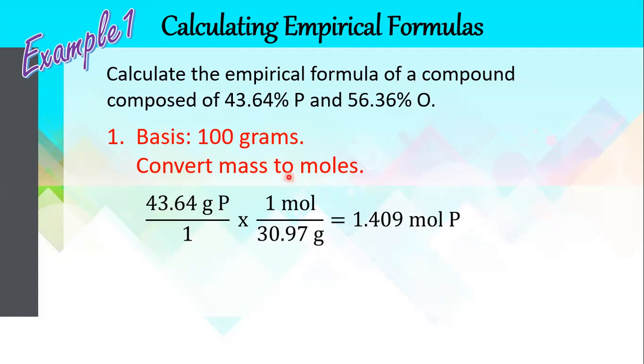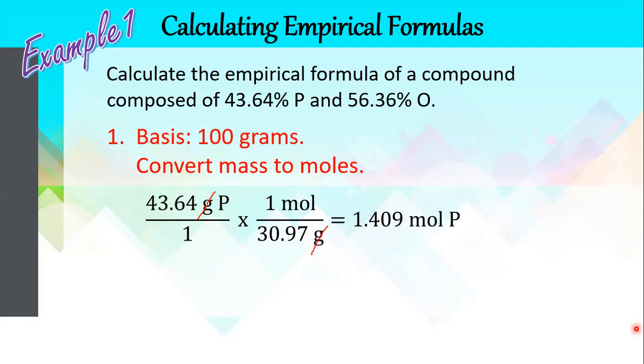So grams per mole is the unit of the atomic mass of phosphorus. However, in this case, we have to place the grams at the denominator and then the mole at the numerator so we can cancel out these grams. Okay, so now we could multiply this times 1 over 30.97 moles per gram.